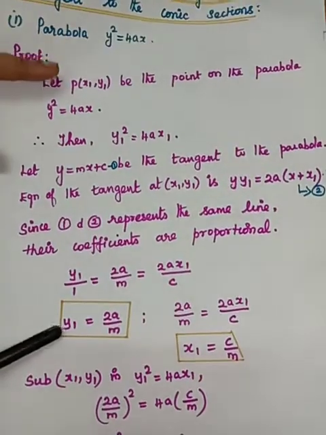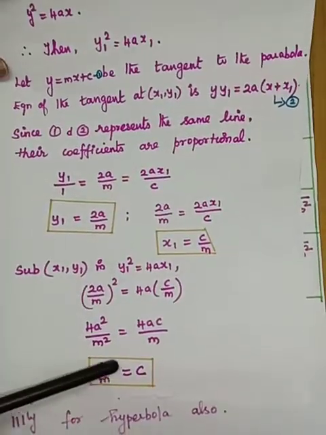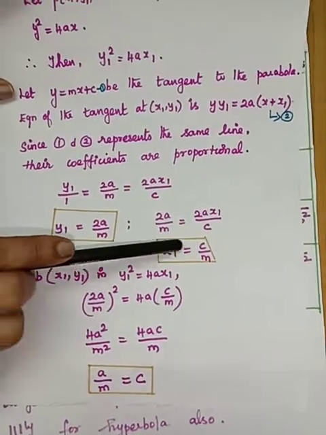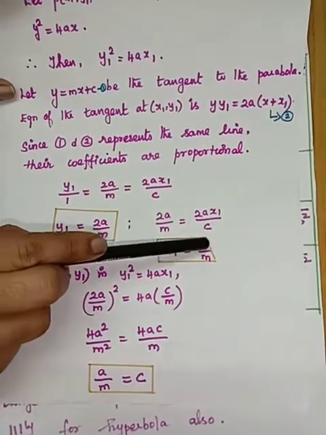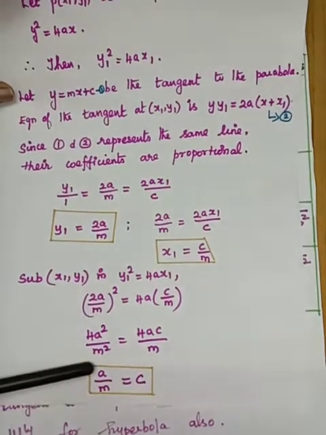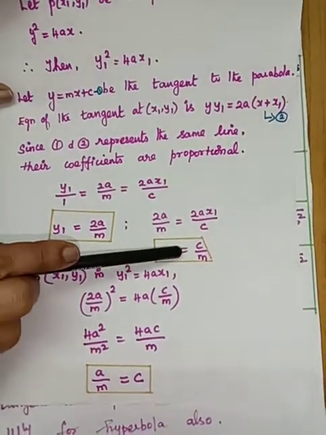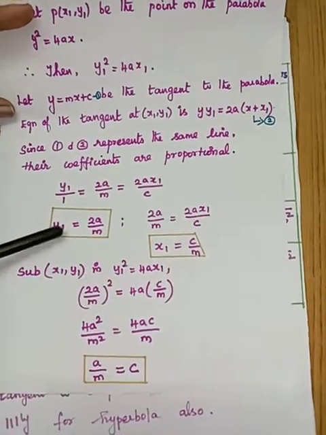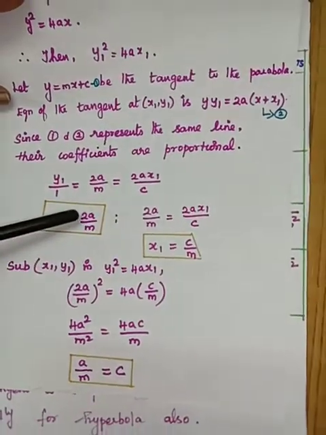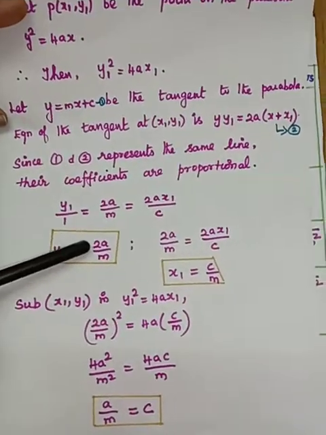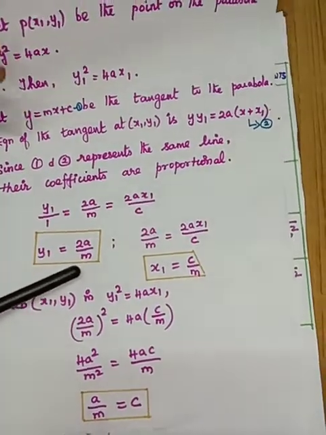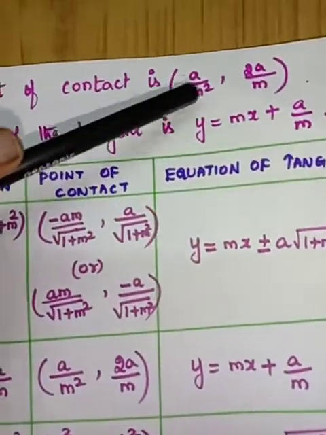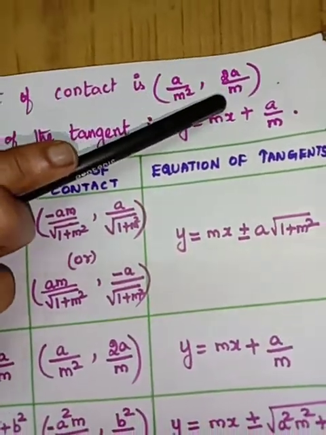Now the point of contact: x1 = c/m, and in the place of c we substitute a/m, so x1 = a/m². In the same way, y1 = 2a/m. So the point of contact is (a/m², 2a/m).